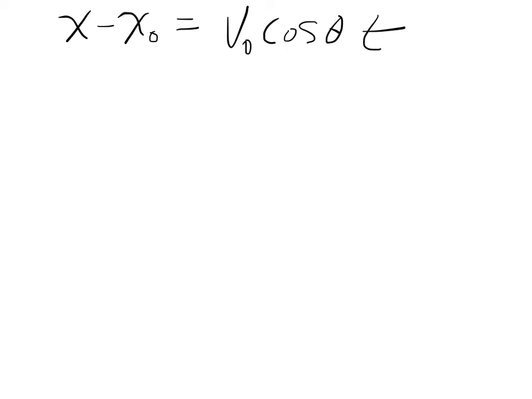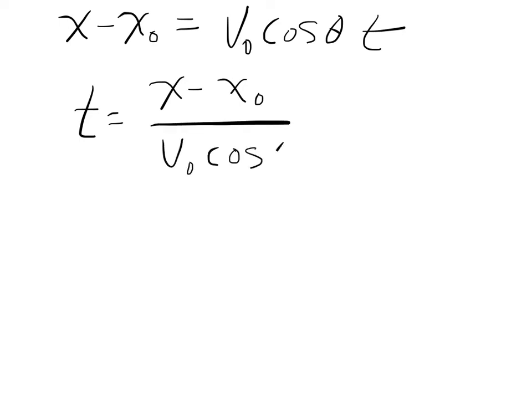Okay, solve it for t, and what do you get? X minus x naught over v naught cosine theta, right? Okay, so now I want everybody to take this and plug t into the equation for y that we had. Okay, can we do that?